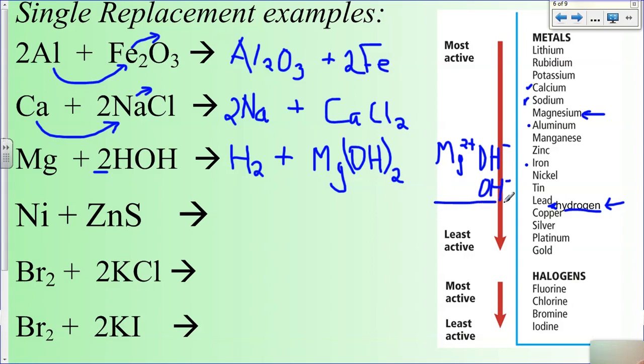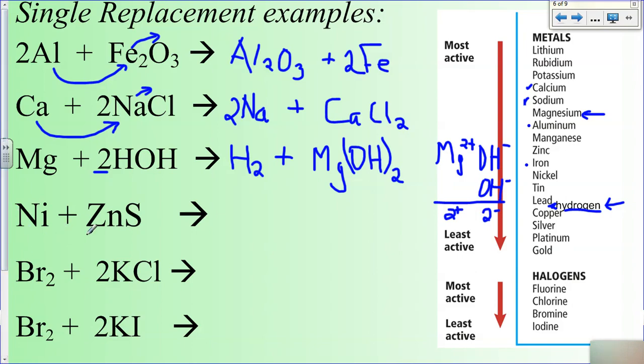If you remember back to chapter 7, equal but opposite charges. So our 2 negative hydroxide negative 1s add up to a negative 2, which balances with the positive 2 of the magnesium, if you want to go back and review chapter 7 material.